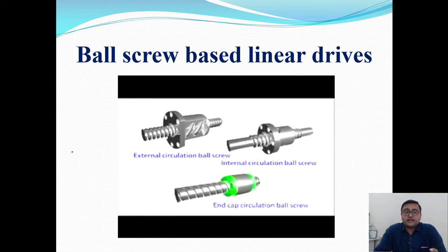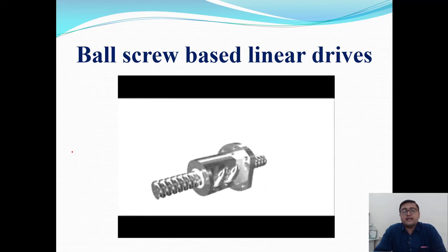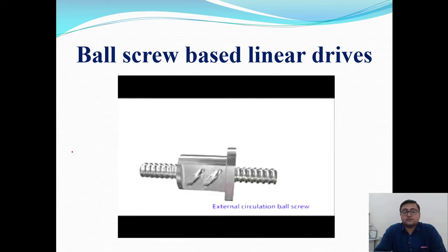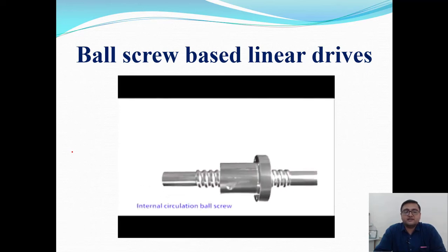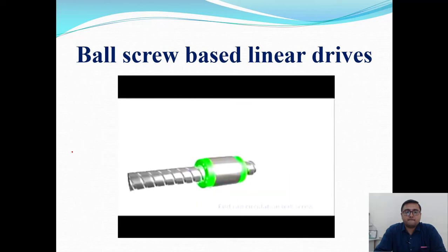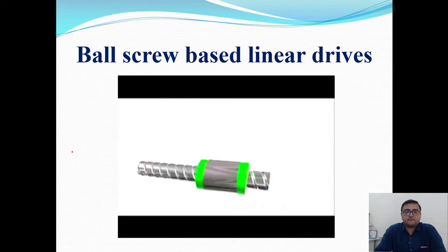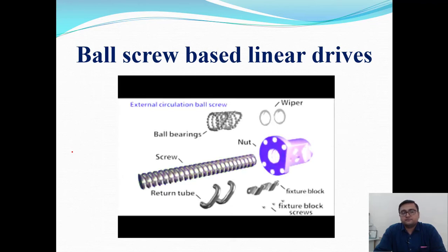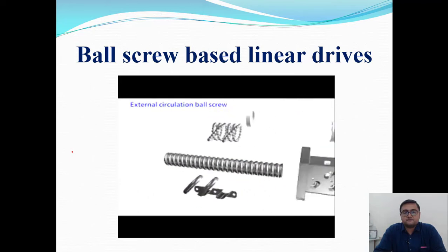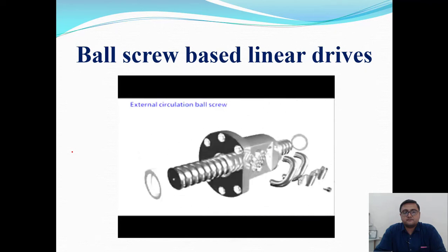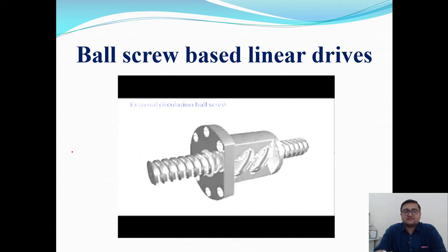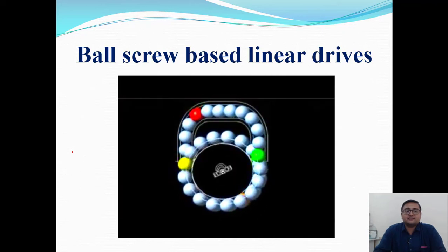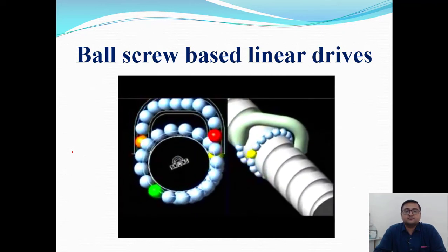External circulation ball screw, internal circulation ball screw, and end cap type ball screw are the types of ball screw. And here is a glimpse of it. The external circulation ball screw has the following features, where the balls are circulated externally; that's why it is called the external circulation type of ball screw.